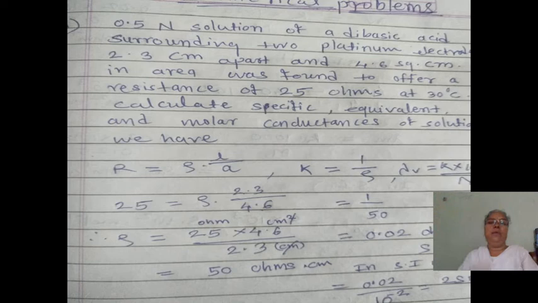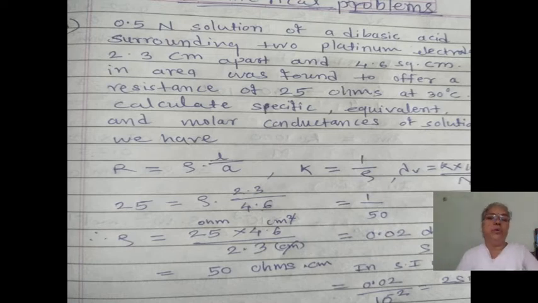Here I will tell you once again the given quantities. The two platinum electrodes are separated from each other by the distance L equal to 2.3 centimeter, and the area of cross section is 4.6 square centimeter, and the resistance offered for the passage of electricity is equal to 25 ohms, and they have asked to calculate specific, equivalent and molar conductivities.